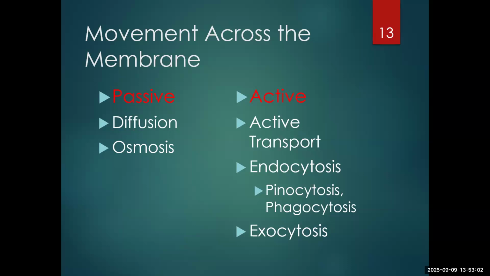Active types of movement are active transport, where you use proteins that actually change shape to move material across, and special processes where the cell engulfs material. I'm going to make an executive decision and say that the only one that I really care that you know about is phagocytosis.